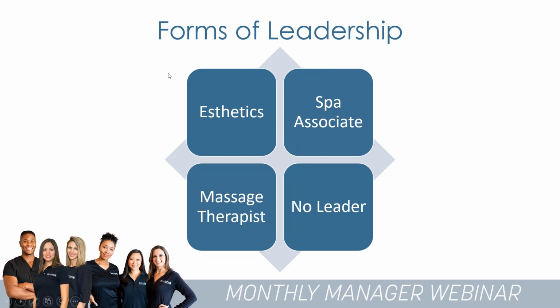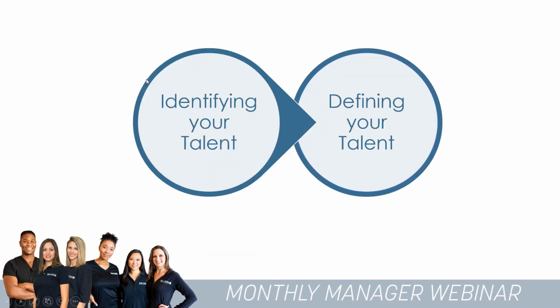Yes, so excited. All right, so there are 3 different phases to developing a lead. The first 2 are identifying and defining your talent. So, of course, first you need to find one, right? With each department, you want to start by identifying the right talent on your team.